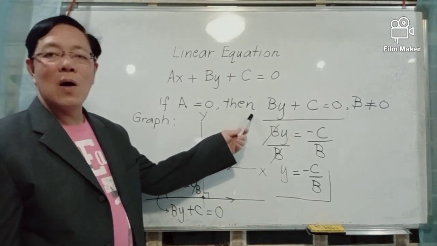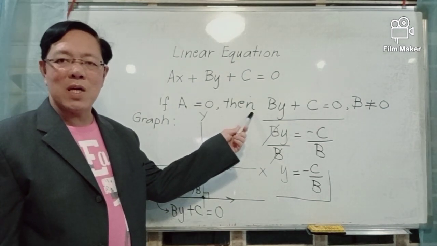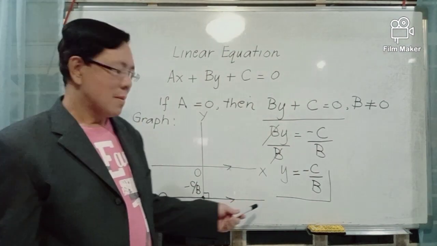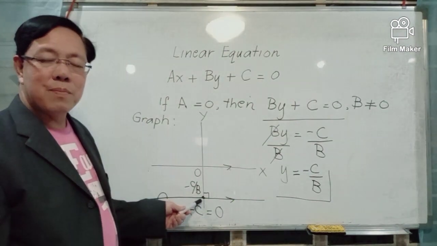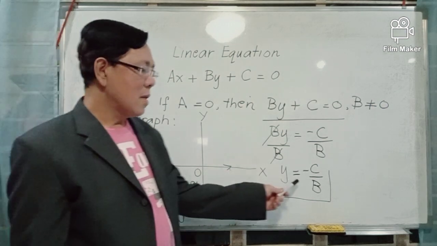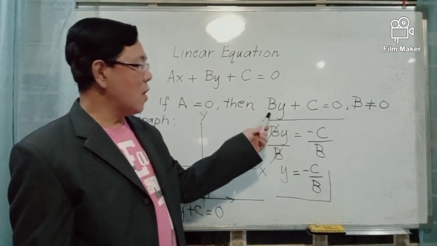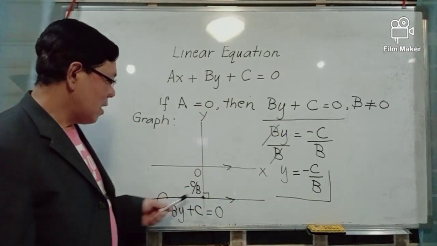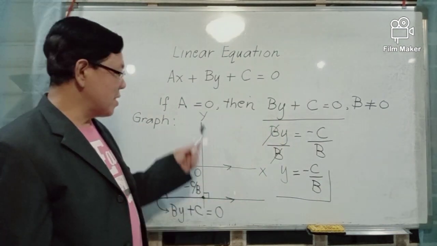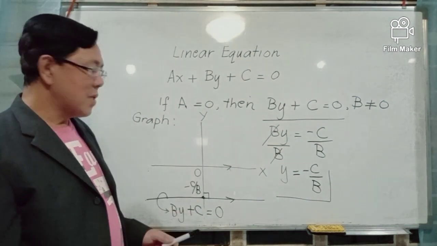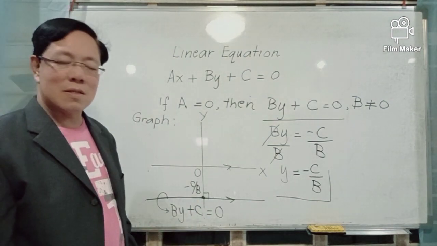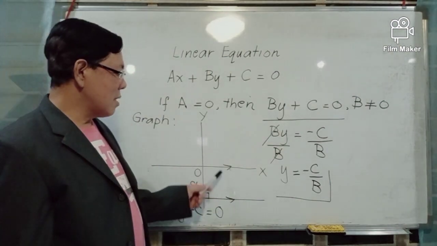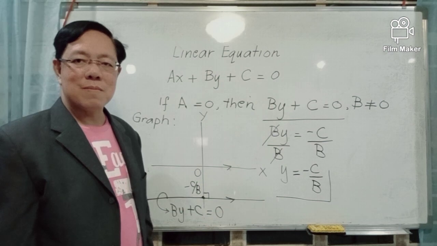Again, the graph of a linear equation in one variable y is a horizontal line passing through the value of y, which is the solution of the linear equation in y, and the horizontal line is perpendicular with the vertical axis or the y-axis, and parallel with the x-axis.